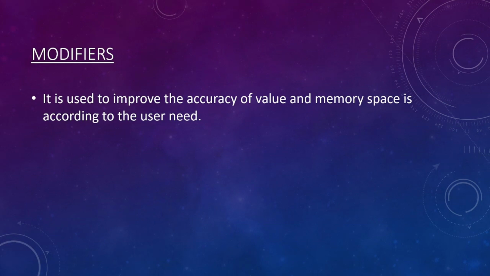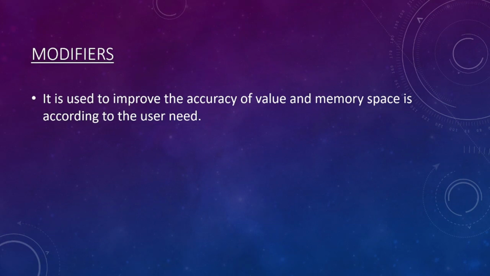If you want to change the size according to your need, you can't change it however you want. But if it is a large number, or depending on the size of the data you give, you can alter the size of the int. That is done using modifiers.